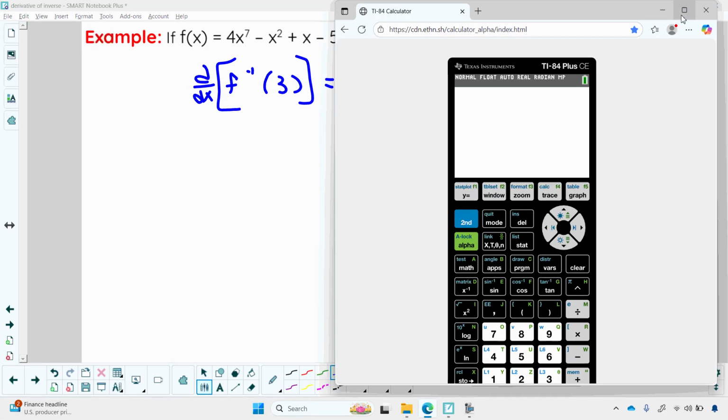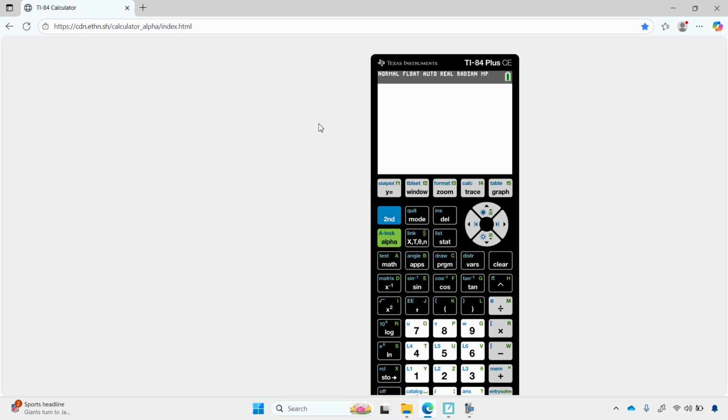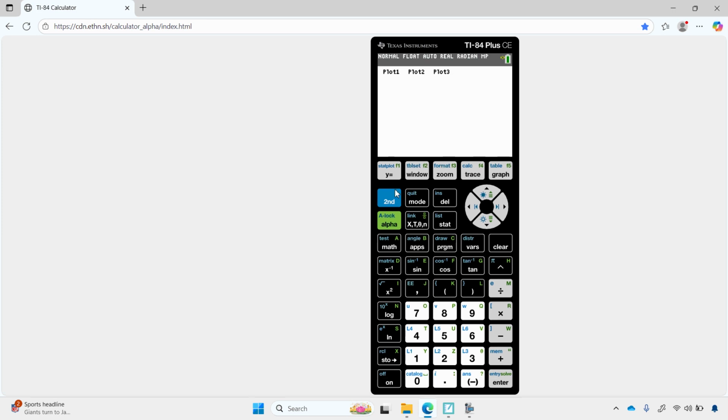In my calculator here, I am going to enter my equation. That was 4x exponent 7, and then minus x squared plus x minus 5. And I want to know when that is equal to a y value of 3. So I'm going to calculate the intersection point.